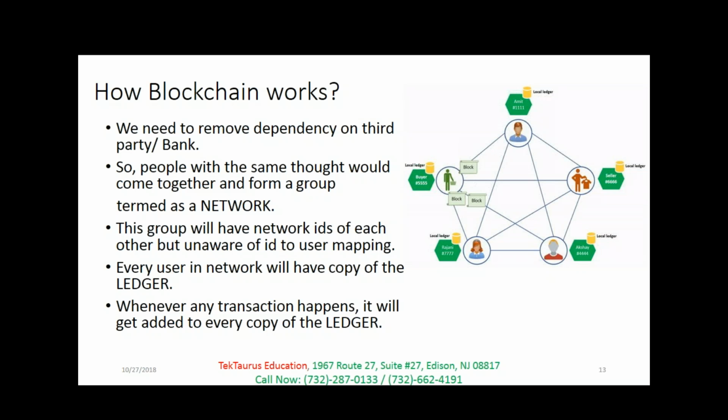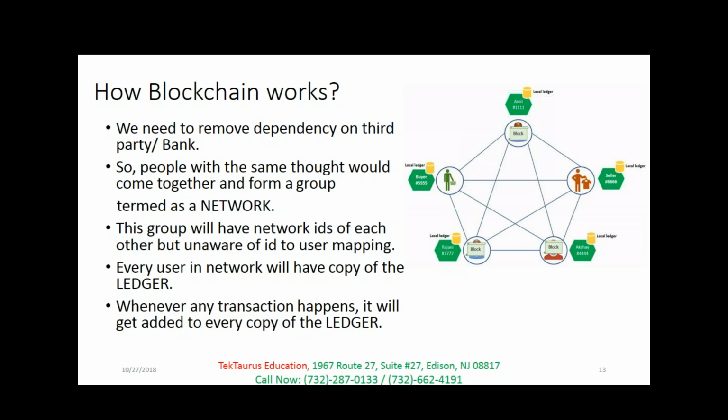What it requires is just an ID. Go to the blockchain system, say that I want to work with you, and create your ID. A particular ID will be created. You don't need to reveal your original information. You can put any dummy name as your name. There is no verification done on that. So this kind of ideology works behind the blockchain.